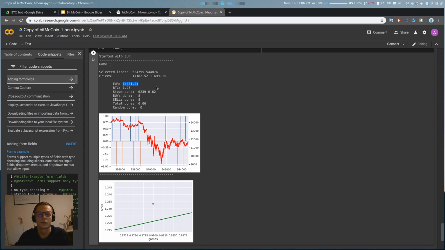So here I traded for a week and made almost 250 euros in a week. And it only did 16 trades in total. And as you can see from the spaces between the trades, not all trades are made in 4-hour intervals. And yeah, that's the current result of it.